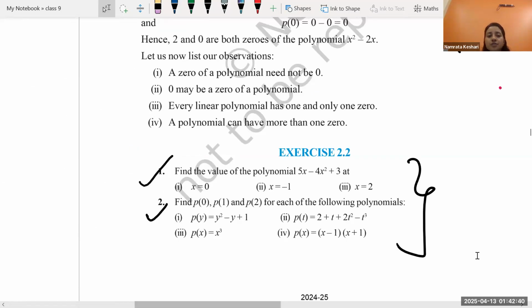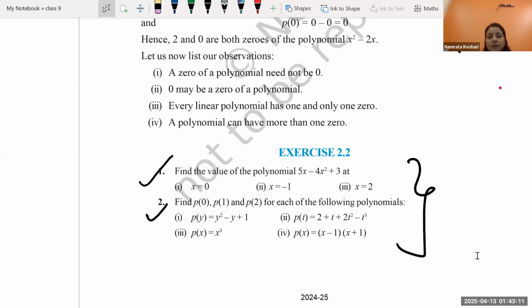Question number 1 first. Find the value of the polynomial at x equals 0, x equals -1, x equals 2. The first one, it will be 0. Will you be able to do it, the first one? Yes. Okay, second one, please read it.